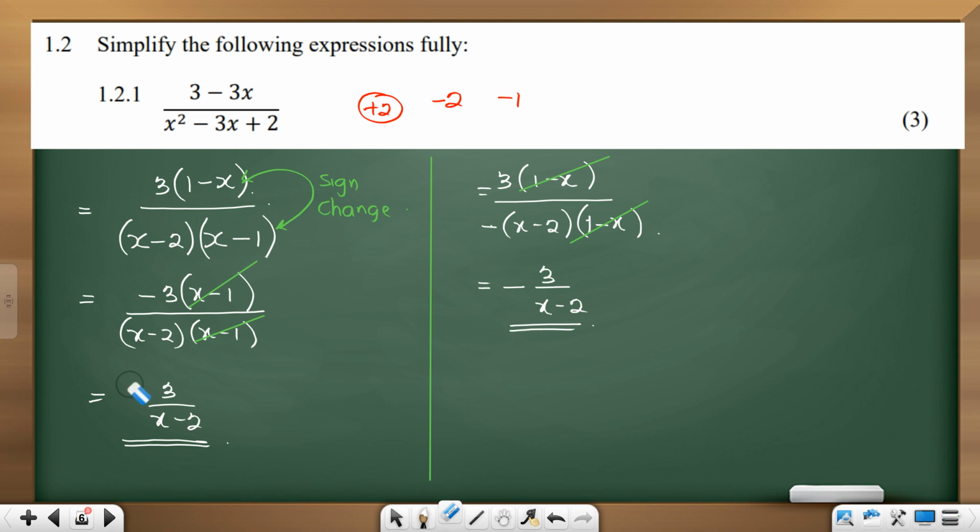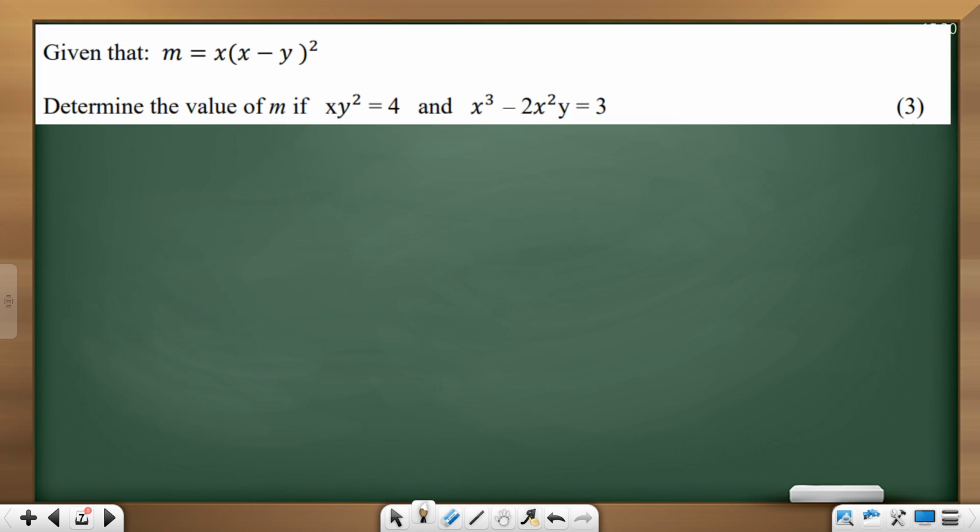Because positive divided by negative would give us a negative. So negative 3 over x minus 2. Is that okay with you? I did the sign change at the bottom now. Lovely. Oh, this is so nice.